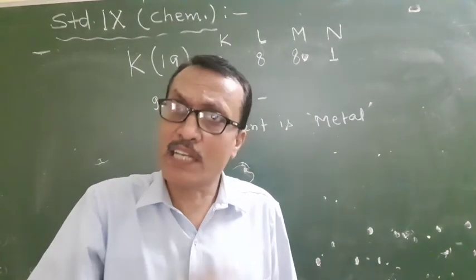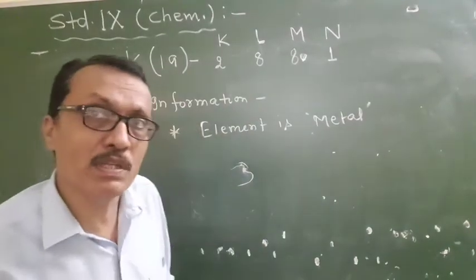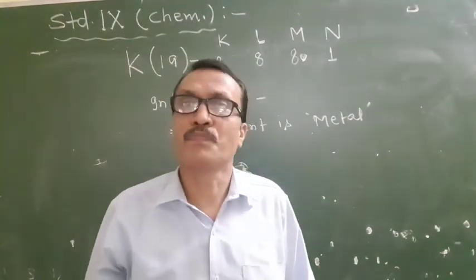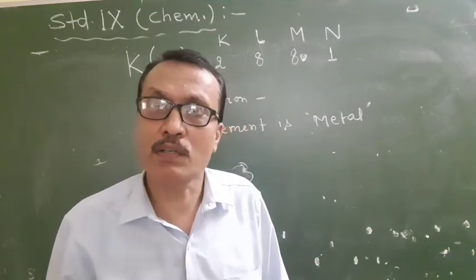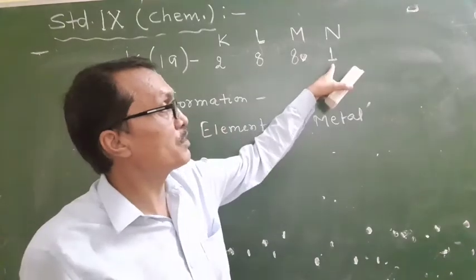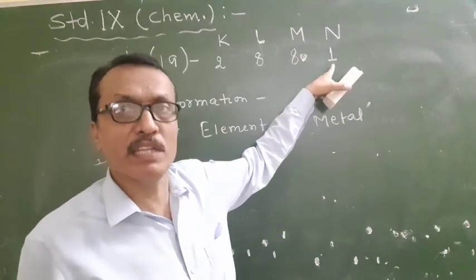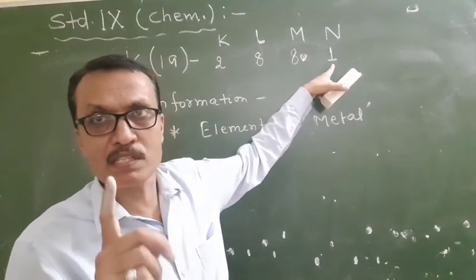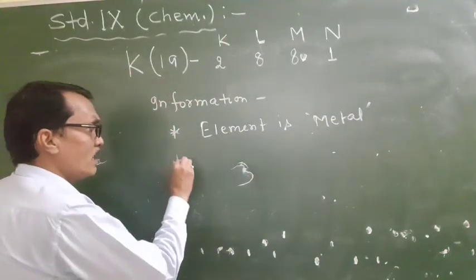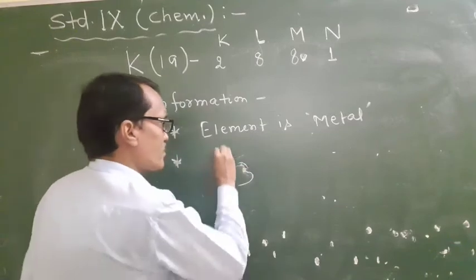But in the rest of the elements, this rule is followed. What rule? If in the outermost orbit there are 1 to 3 electrons, the element will be a metal. As here in the outermost orbit of potassium there is 1 electron, so potassium is a metal. So that is the first information. Second, about valency.